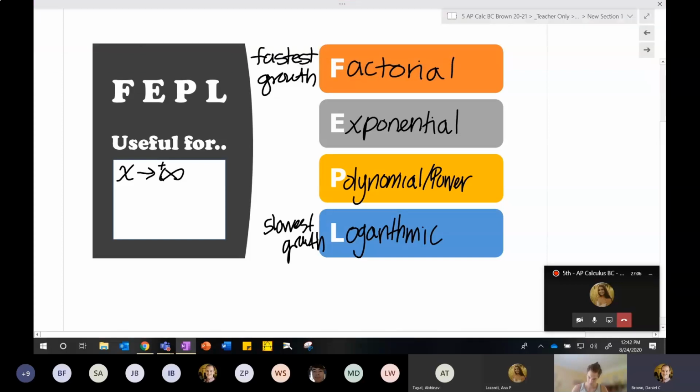Factorial is that exclamation mark we know. Exponential is when the x is in the exponent. A polynomial, or power, is when x is the base and a number is the exponent. And logarithmic could either be the natural log or a log of any other base.